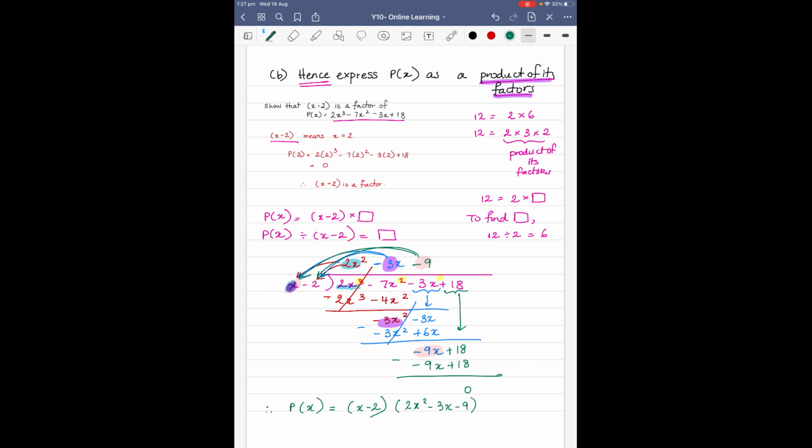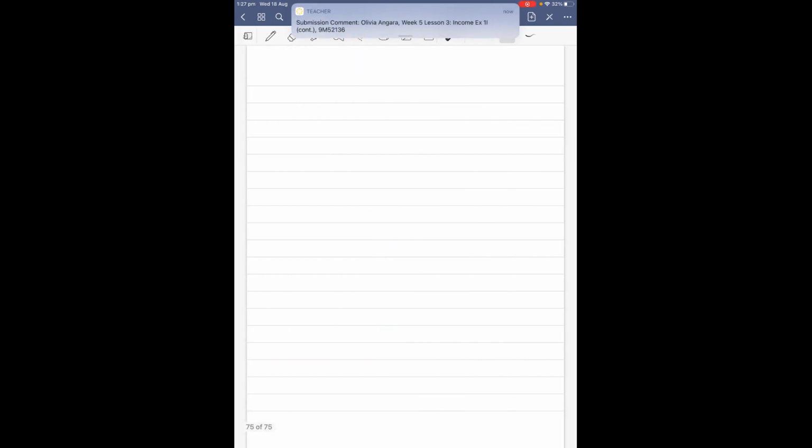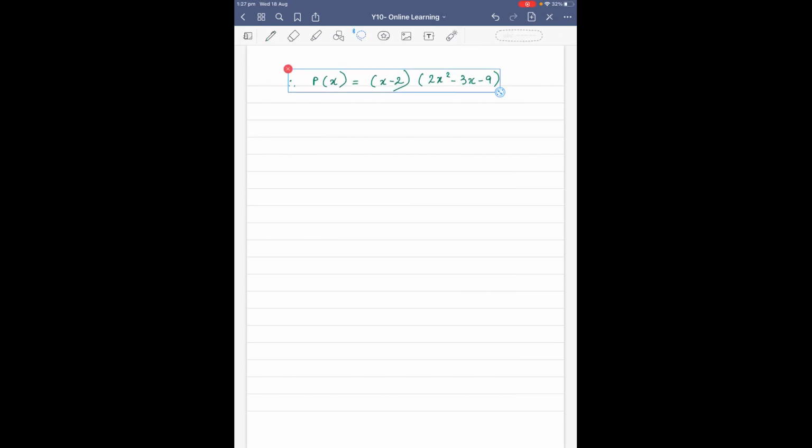Okay? However, this whole thing here, we can further factorize this quadratic to make sure it's a product of its factors. See how 6 here, you can further factorize it down to 3 and 2. We're going to do the same thing. So let's say, I'm going to paste it here.